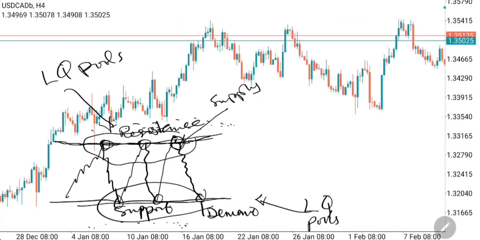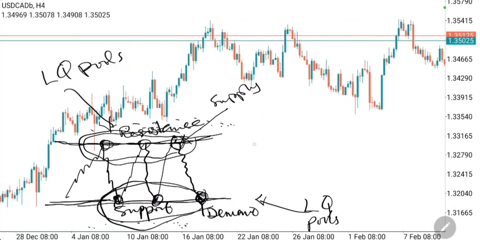And when the market has held price a number of times on this support zone, it is taken that the support zone is strong. So this support zone and this resistance zone are strong when price has come to them several times and price has respected the zone.